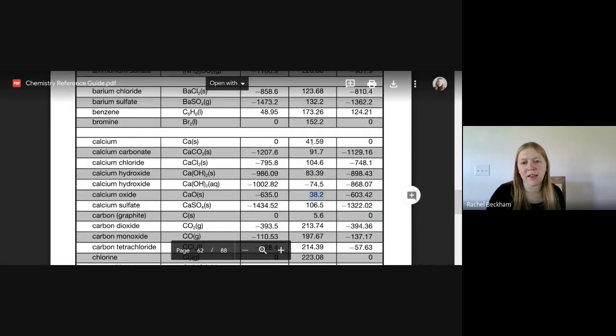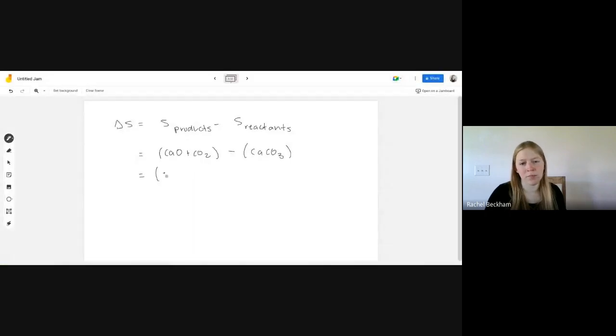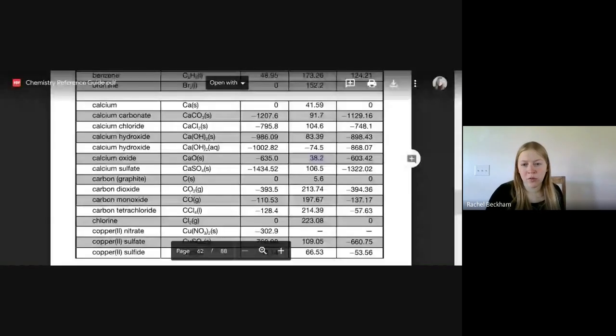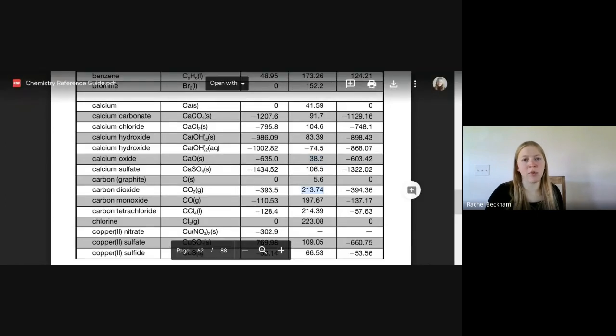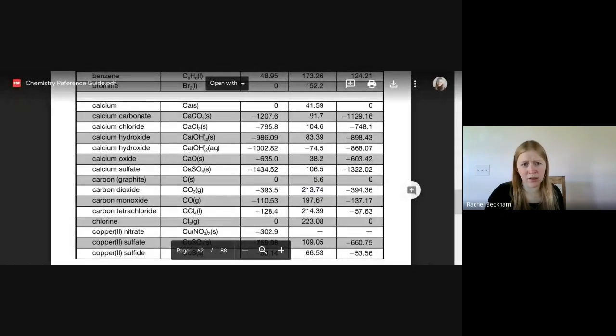So 38.2. CO2 is right here, 213.74. And CaCO3 is 91.7.